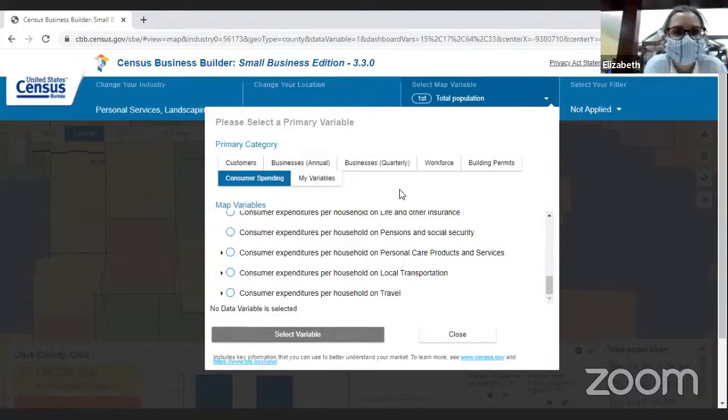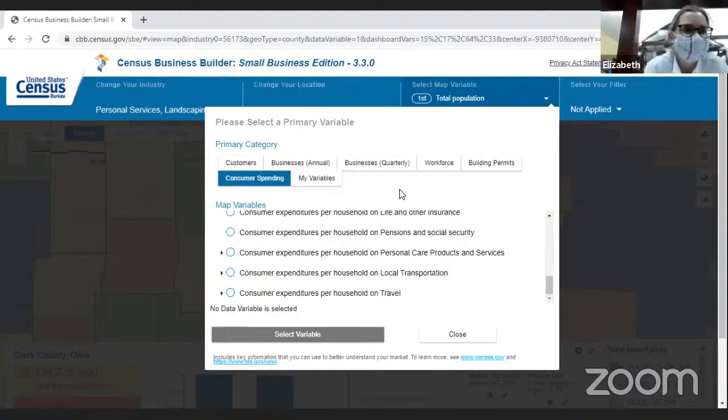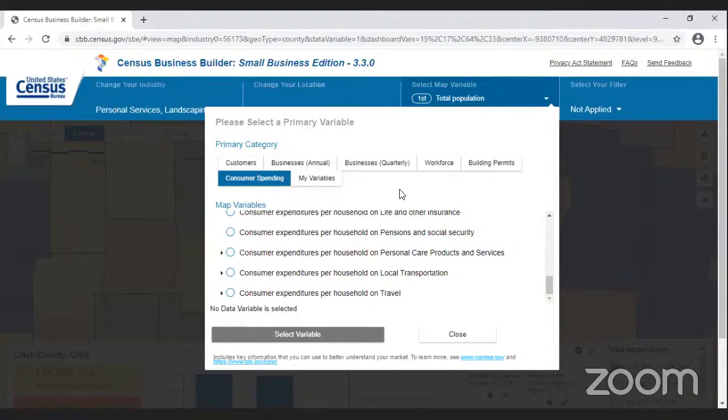So this is one thing where the Census Bureau and Esri got together, and they gave us their consumer spending numbers. Okay, got it. Thanks. I knew once upon a time, but I forget offhand what it exactly stands for.